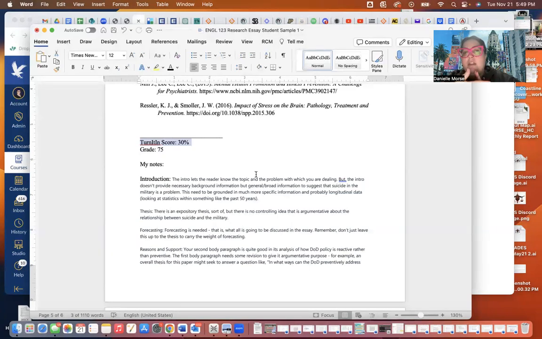When I see any Turnitin score at 30% or higher, I do open up what's called the originality report, which is provided by Turnitin. And I look at it just to make sure, hey, what's being flagged here. Usually something within the 30s is not that big of a deal.